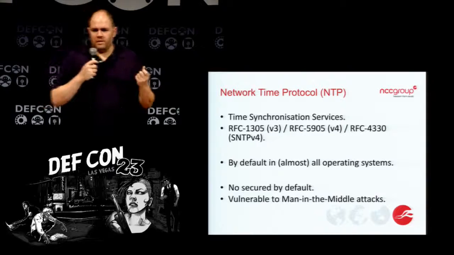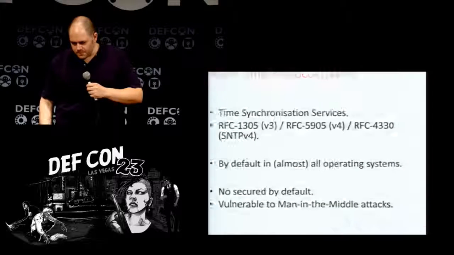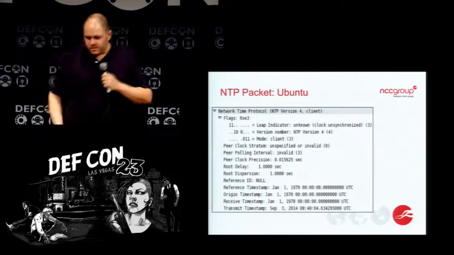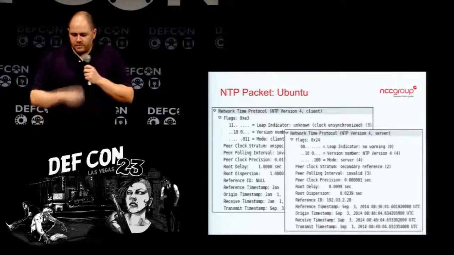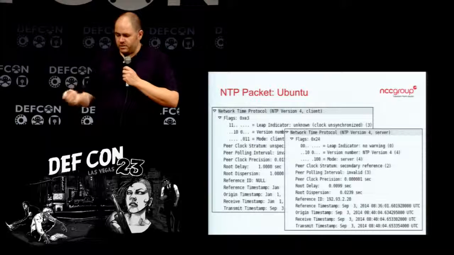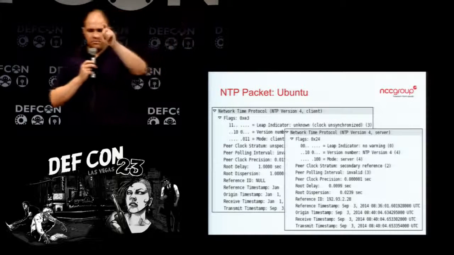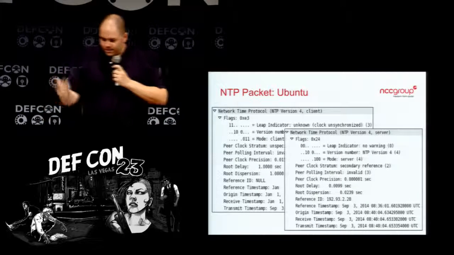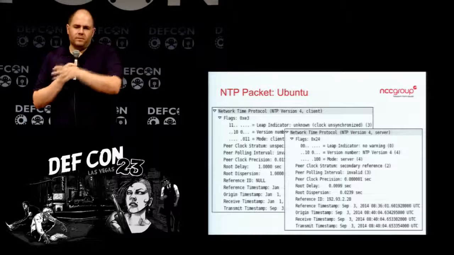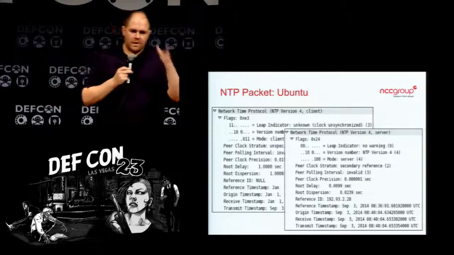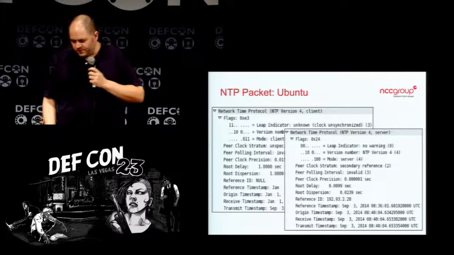So you can do a man-in-the-middle attack against this protocol. This is an example of an NTP packet, or UDP packet. The format in the request and in the response is the same. There's only a flag that changes that says client or server. And there are some timestamps that are used to know what's the proper date and time. There is some math behind this, but it's not interesting for us now.